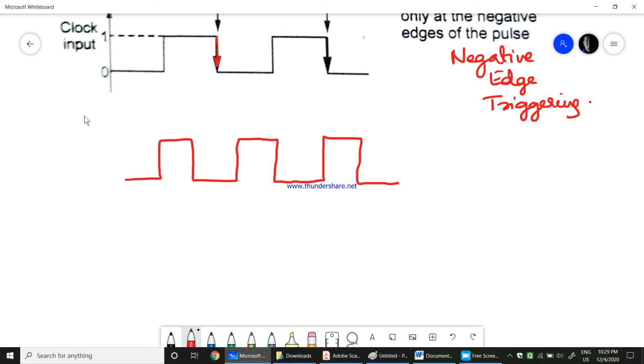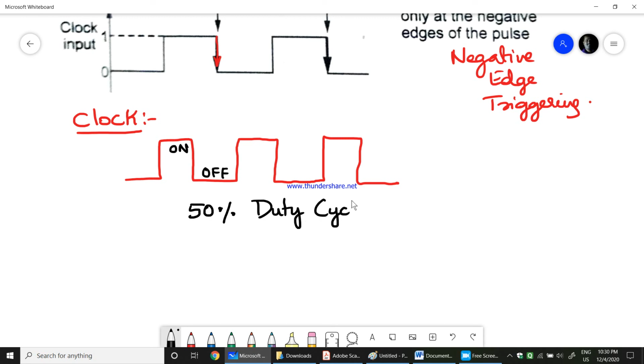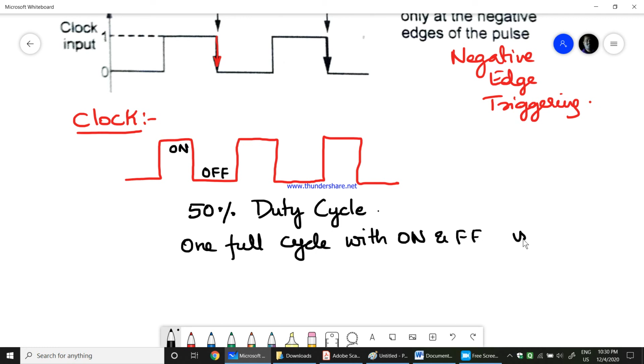This is the clock, a normal square wave with on and off condition, with a 50% duty cycle. One full cycle with on and off is called one period.